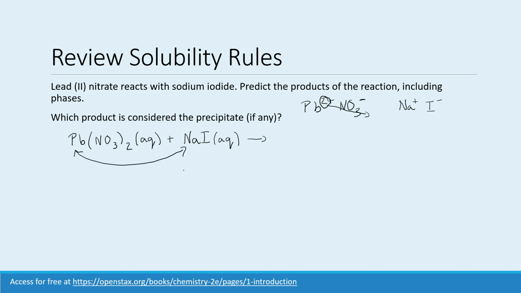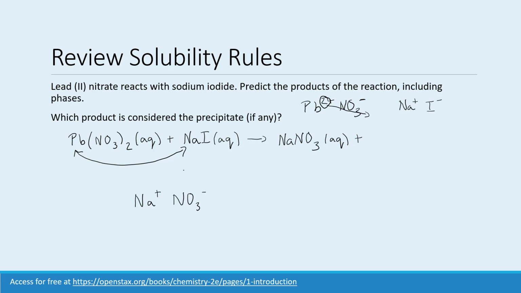So the sodium will now be bonded to the nitrate. Again, you always have to stop and think about those charges. The sodium, which always has a +1 charge, is bonded with the nitrate, which has a negative charge. Those are a 1-to-1 ratio, and we don't need any subscripts besides the subscript in the polyatomic, and we get NaNO3. Remember, nitrates are always soluble, so we know that that is going to be aqueous as well.